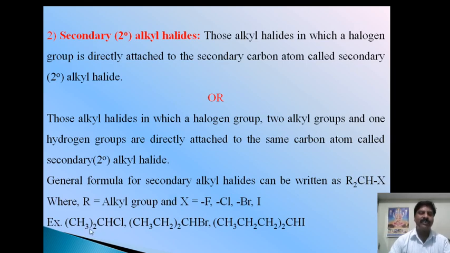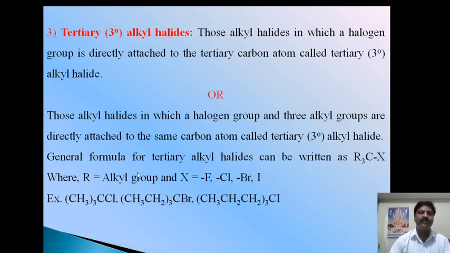Now for example, suppose R is taken as methyl, then this is secondary propyl chloride. Suppose R is CH3 and ethyl, we write this as the formula. We can write these compounds as examples of secondary alkyl halides.